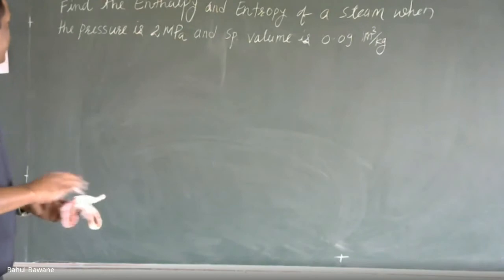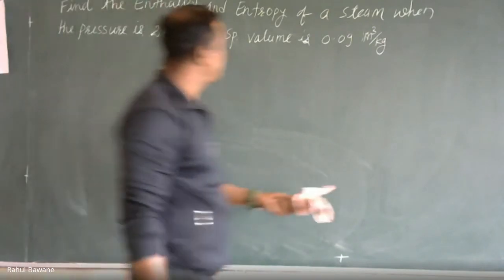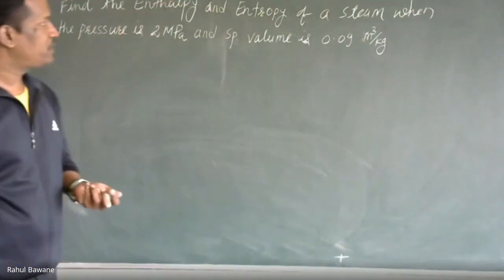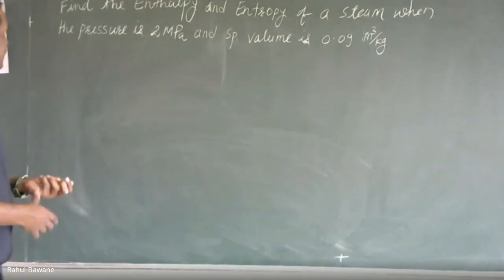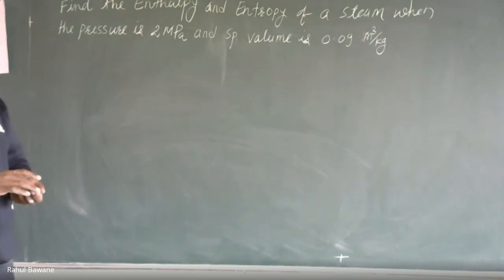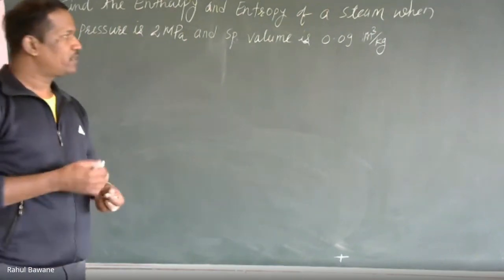So there is one numerical to find the enthalpy and entropy of a steam when the pressure is 2 megapascal and specific volume is 0.09 meter cube per kg.